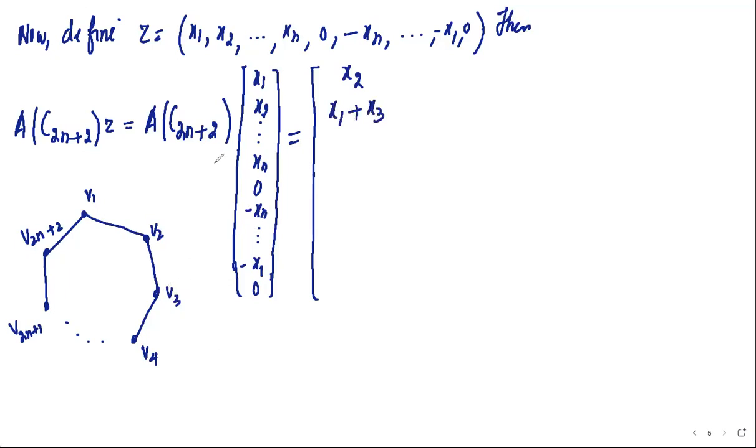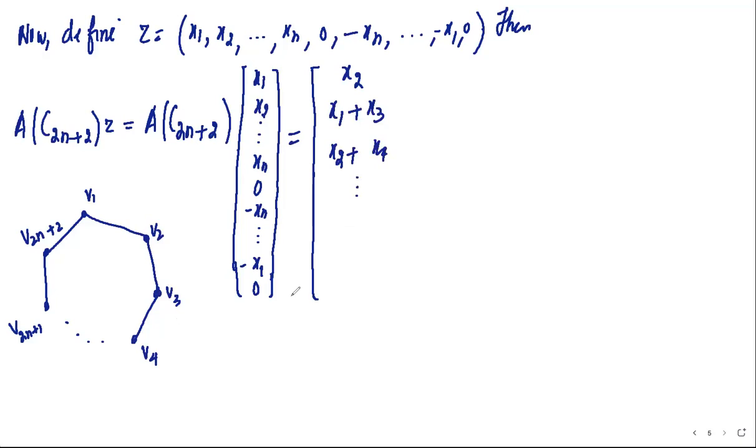Now the third row has two non-zero entries in this adjacency matrix, and those two non-zero entries are 3, 2 and 3, 4. So 3, 2 will be multiplied with x2, and the entry 3, 4 will be multiplied with x4. So it is x2 plus x4 here, and similarly so on.